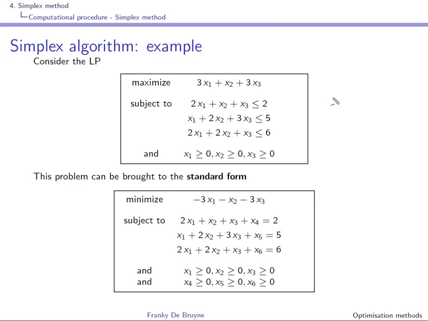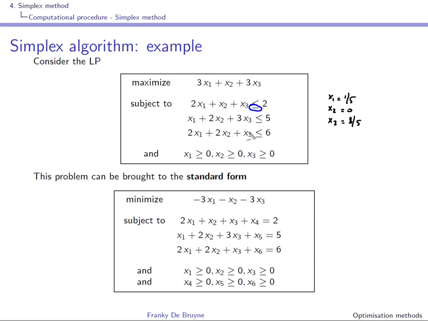Indeed, with x1 equal to 1 over 5, x2 equal to 0, and x3 equal to 8 over 5, we can plug this in, which is also a good idea to check your solution. We have 2 over 5 plus 8 over 5, that's 2, so this one is met with equality over here.